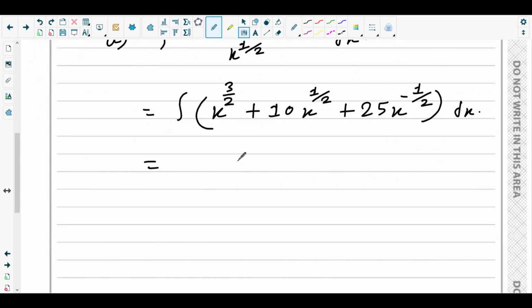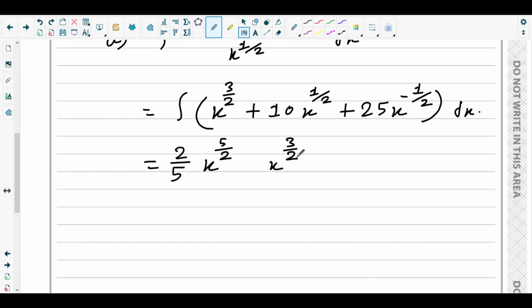So x to the power 3 over 2. In integration, we add 1 to the power. So x to the power 1.5 plus 1, which is 2.5, which is 5 over 2. Then we use the new power to divide the coefficient. So 1 over 5 over 2 is the inverse of 5 over 2, which is 2 over 5. Then x to the power half plus 1, which is 3 over 2.